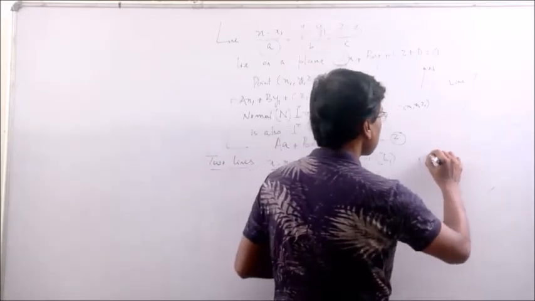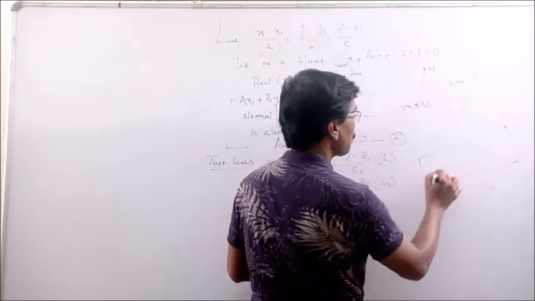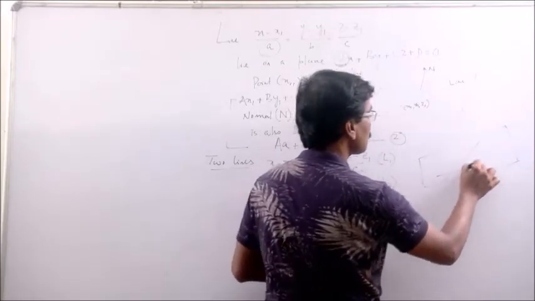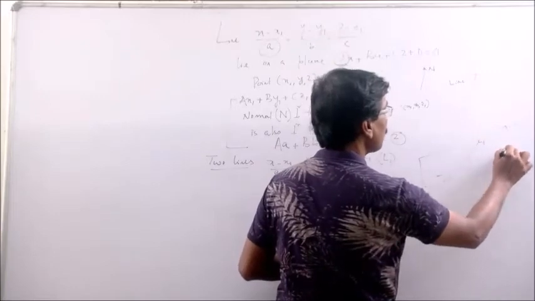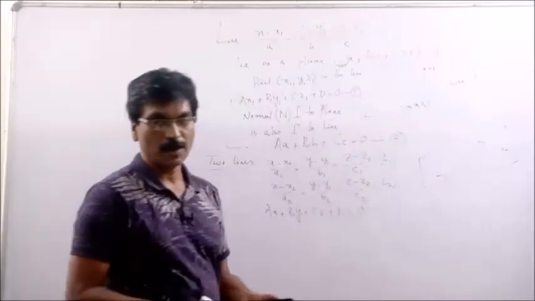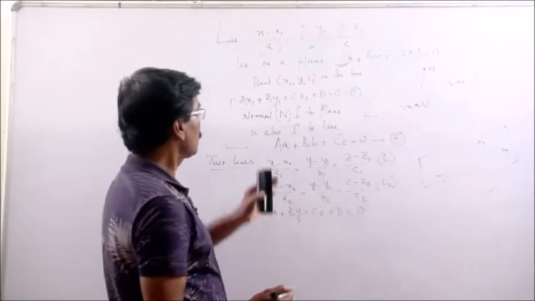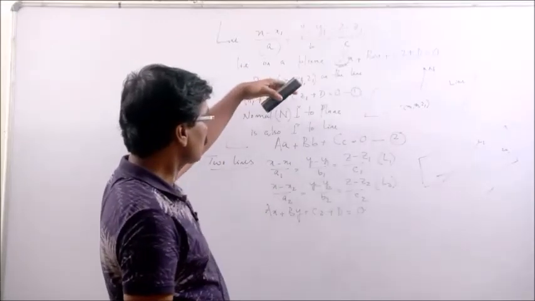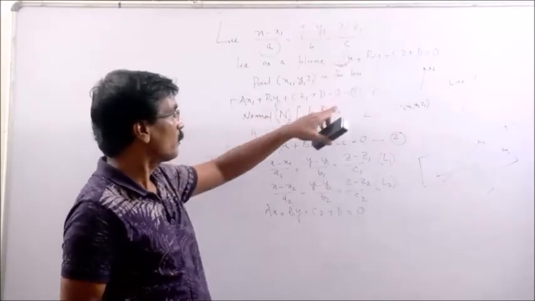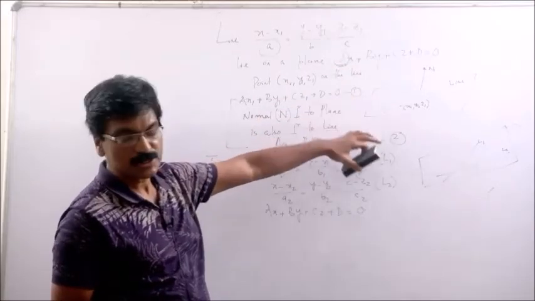So two lines L1 and L2 are coplanar. So use these conditions. For a line to lie on the plane, it must satisfy these two conditions.